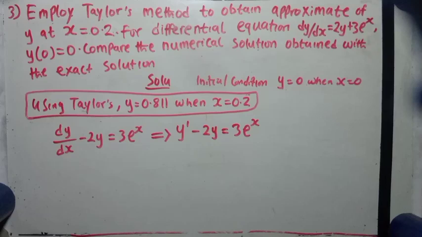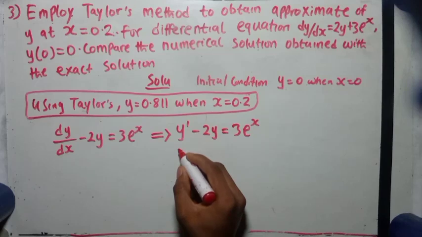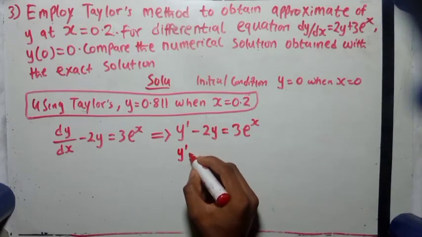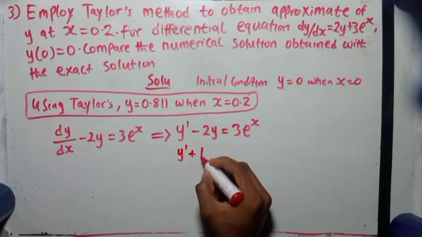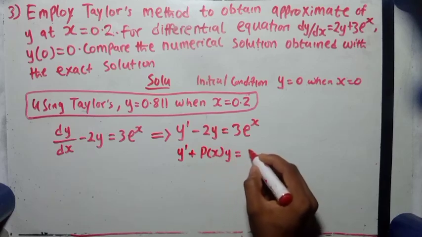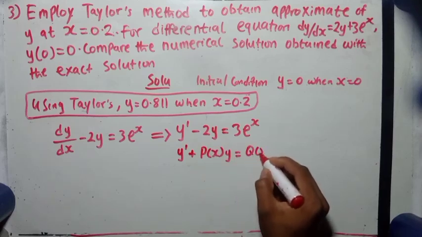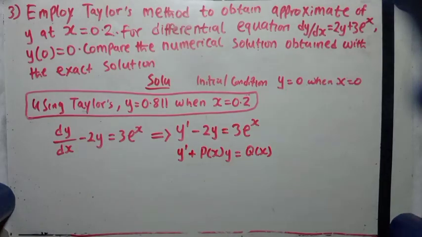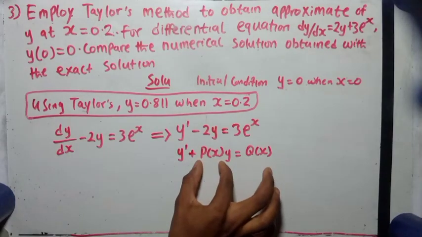Now, okay, we have succeeded in writing this in this form. We have decided this is how it should look. If this is going to confuse you, what we are actually interested in here is just the p of x.